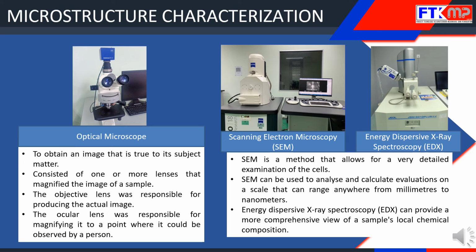It's a method that allows for a very detailed examination of the samples. This SEM can be used to analyze and evaluate on a scale that can range anywhere from millimeters to nanometers. And the last one is energy dispersive X-ray spectroscopy, which can provide a more comprehensive view of the samples' local chemical composition.